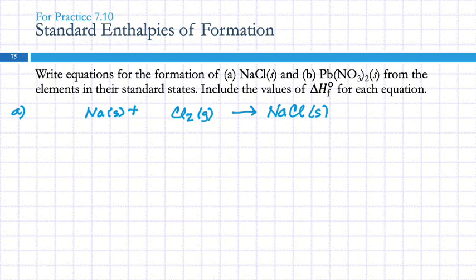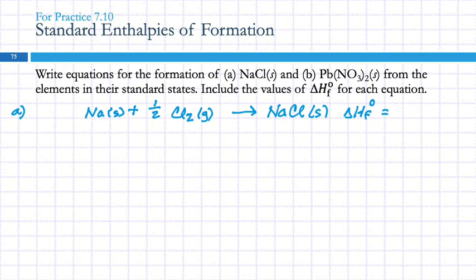I need to balance this equation without putting any numbers over here. So there's one sodium and one sodium, but here they come in pairs, and here there's only one. So I need 1/2 of that. Okay? And then I'm supposed to include the heat of formation.